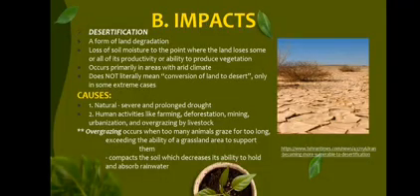When we say desertification, it is a form of land degradation, a loss of soil moisture to the point where the land loses some or all of its productivity or ability to produce vegetation. It occurs primarily in areas with arid climate. It does not literally mean conversion of land to desert, only in some extreme cases.